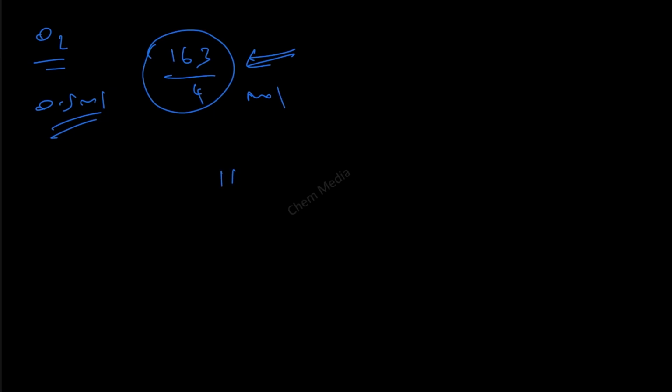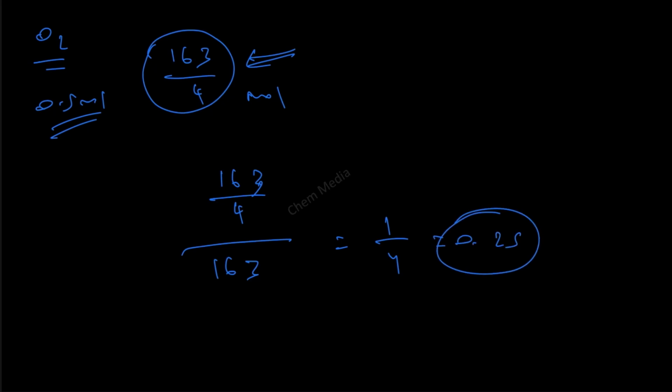So, 163 by 4 divided by 163 will simply be 1 by 4, that is once again equal to 0.25. Which means we can't determine which one is the limiting reagent here, because we are not getting a smallest number, both are 0.25. Therefore, we should not apply the concept of limiting reagent here.